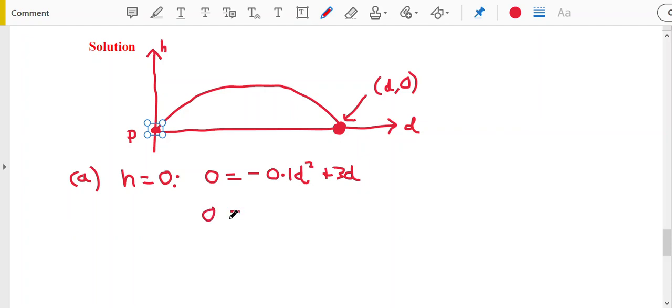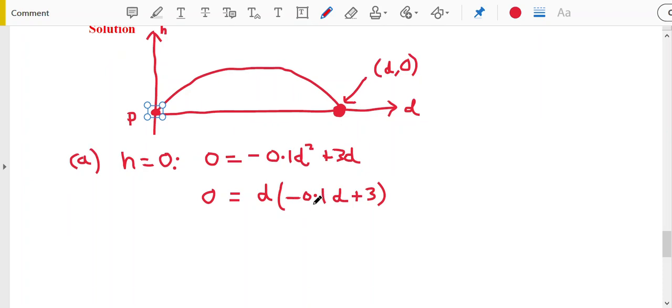The best technique to use to factorize this would be just highest common factor. Both terms have a d that's common. So d bracket negative 0.1 d plus 3, and that all equals 0. So it's just a HCF method here to factorize.